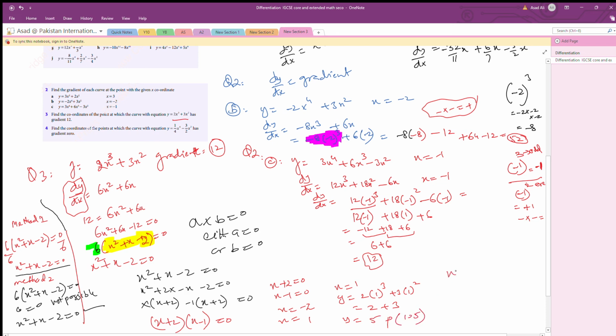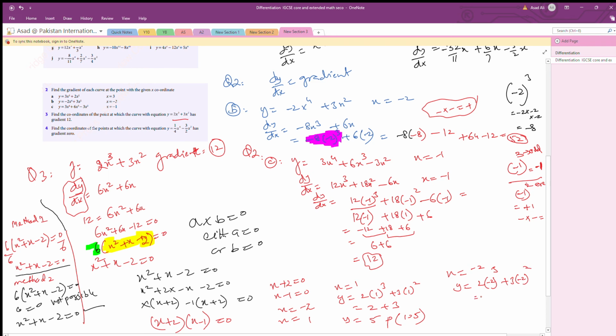If x is equal to minus 2, y is equal to 2 into minus 2 power 3 plus 3 into minus 2 power 2.